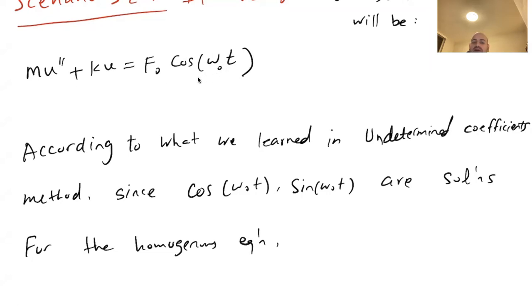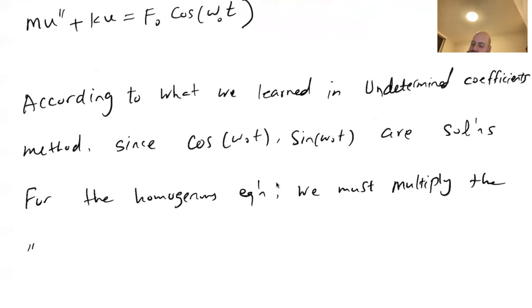So in that case, we have to multiply our guess function with a proper power of t. Since these are solutions for the homogeneous equation, we must multiply the guess function by a proper power of t.